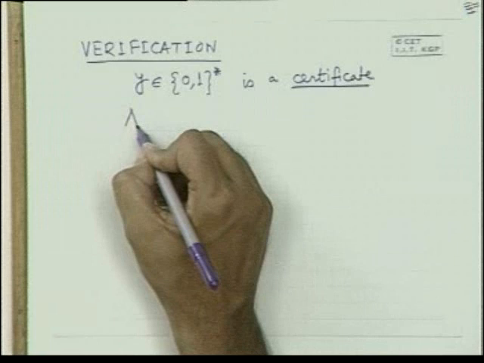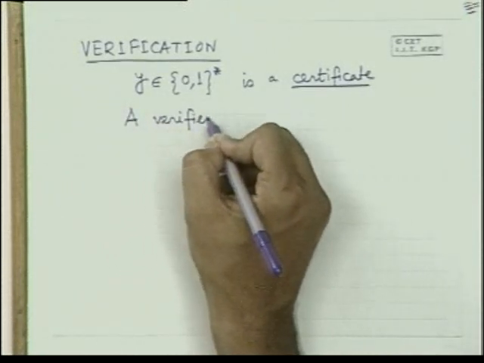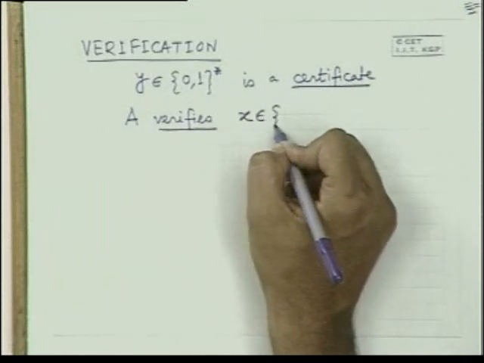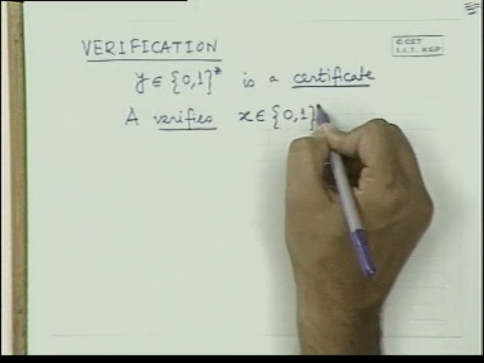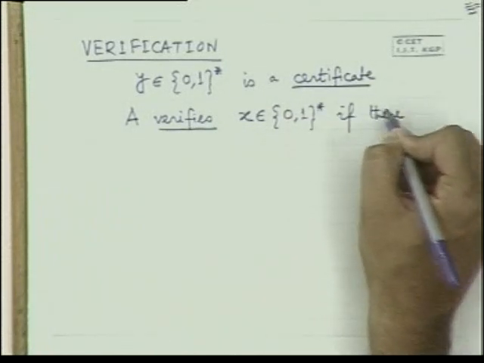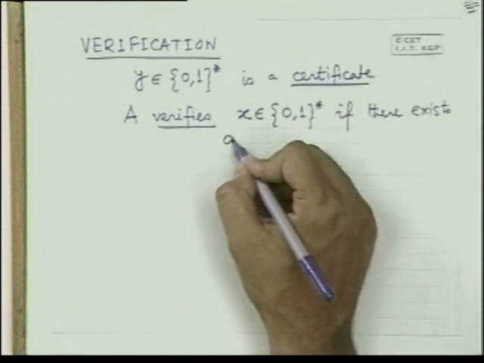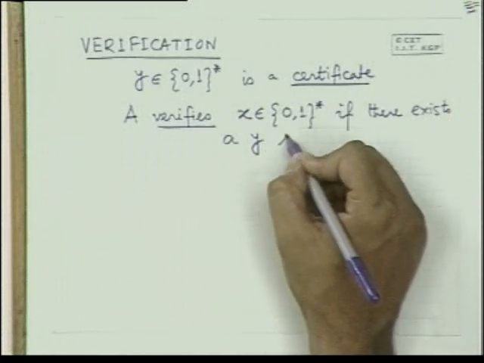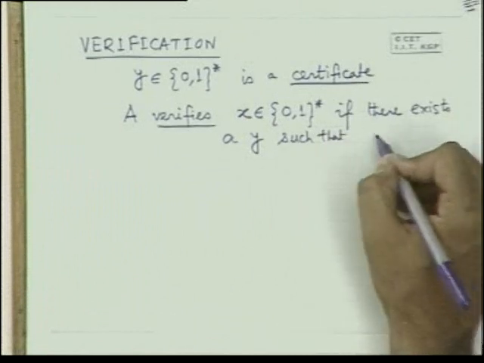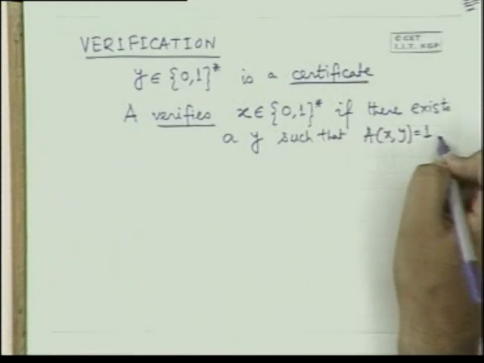Now we say an algorithm A verifies the string x, which is also coming from {0,1}*, if there exists a certificate y such that A(x, y) is equal to 1.